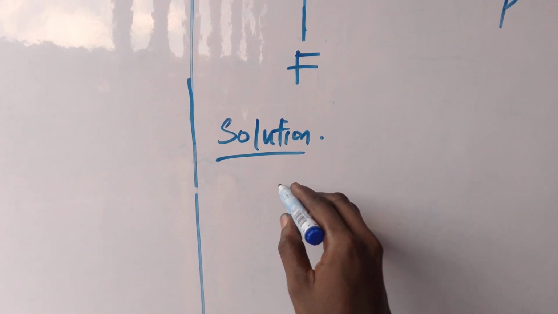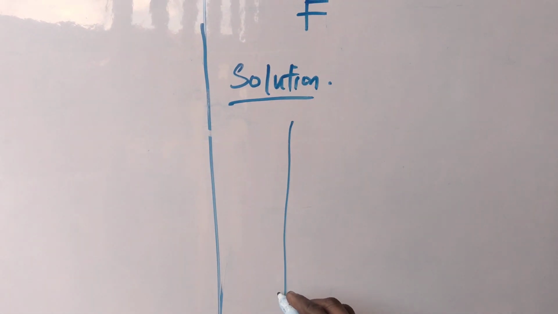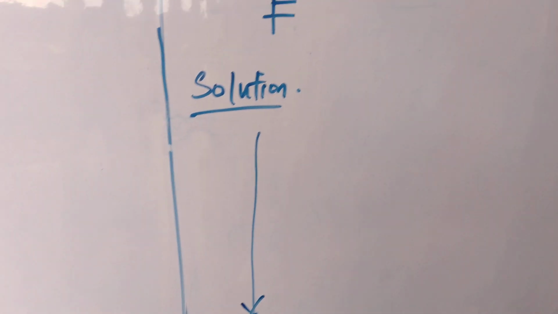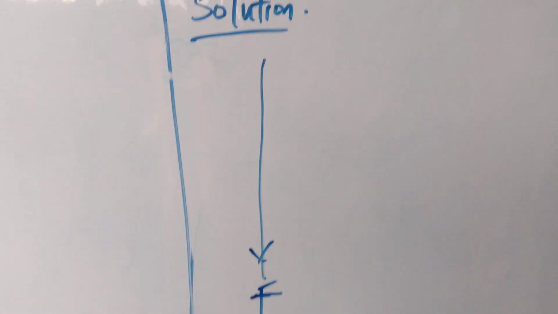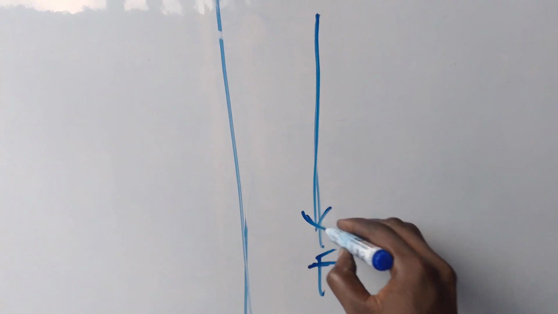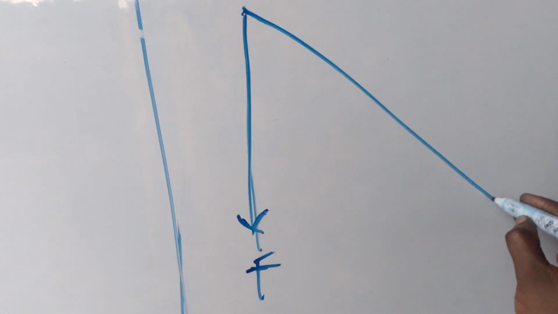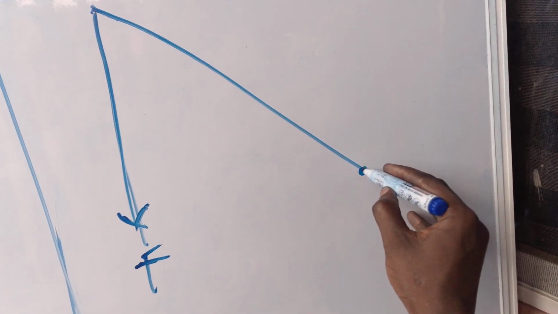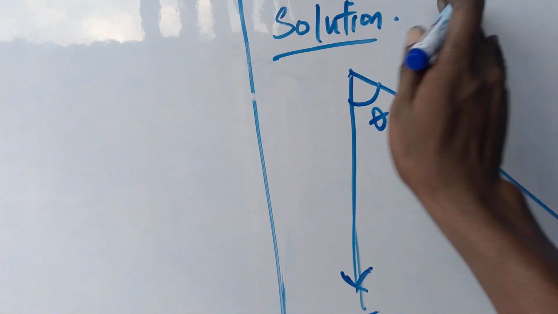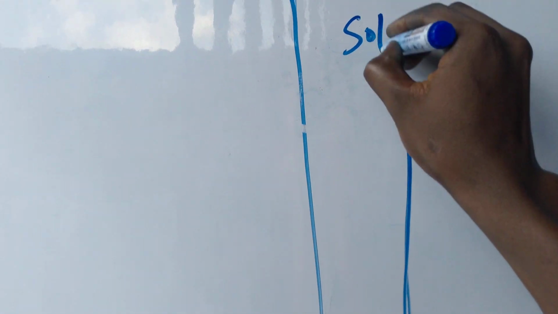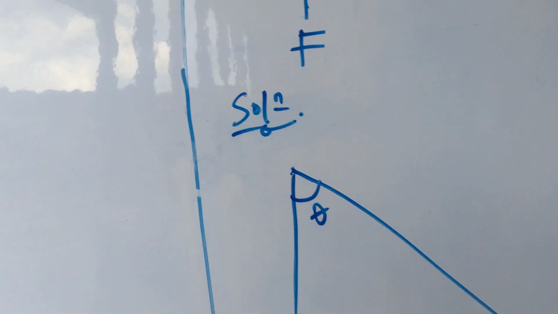Now if I draw this, I have my force F, and then I'll take this distance to point P, and here is theta.